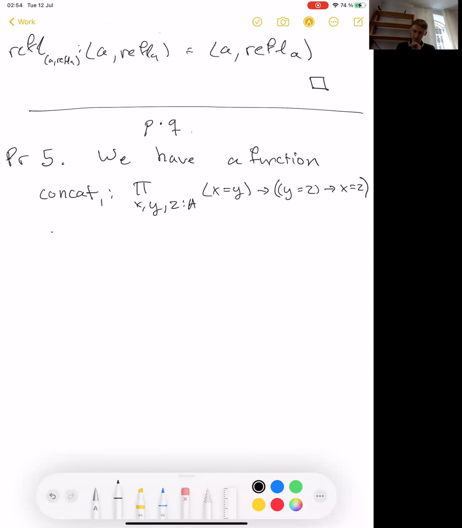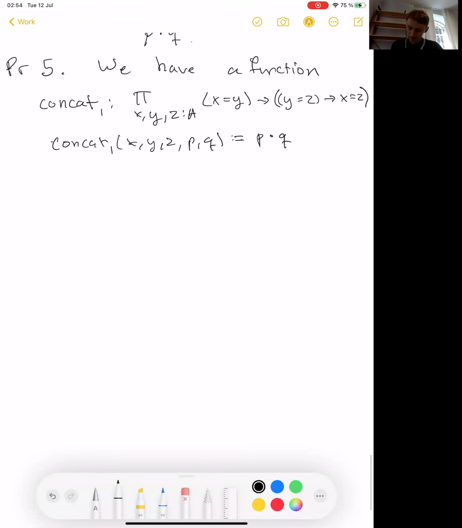Okay. Now this function concat is literally just, so concat of x, y, z, p, q, we just define this to be p composed with q. So it's our good old composition function. It's concat 1.